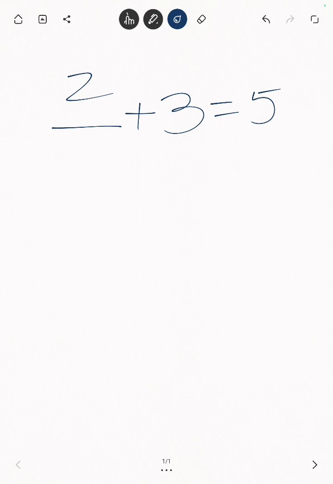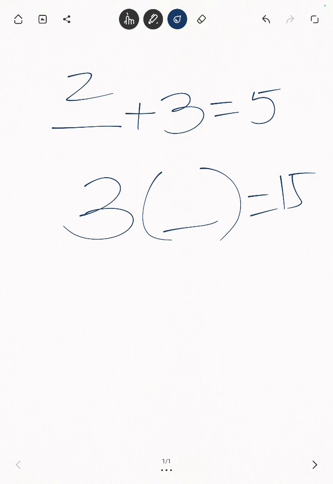See, again, if your teacher has given 3 into dash is equal to 15, here also you are able to answer that the dash is 5. This is in your childhood. As you grew up, things changed, and people started replacing the dash with variables, those lowercase alphabets.